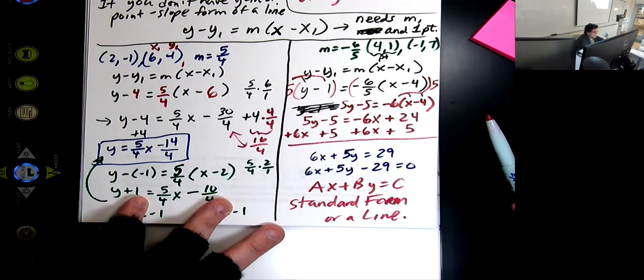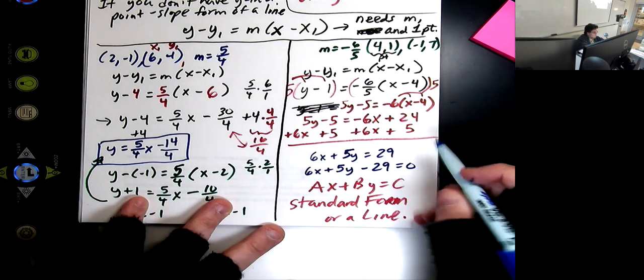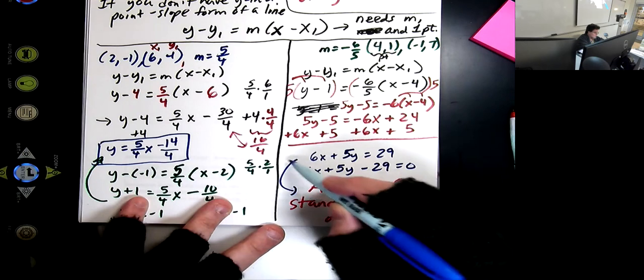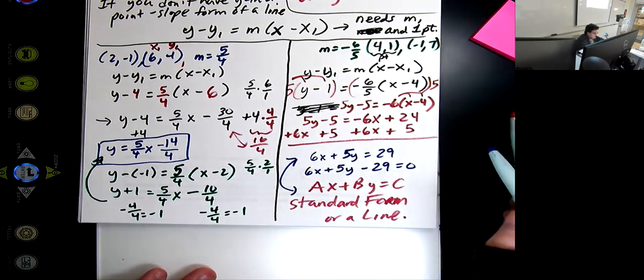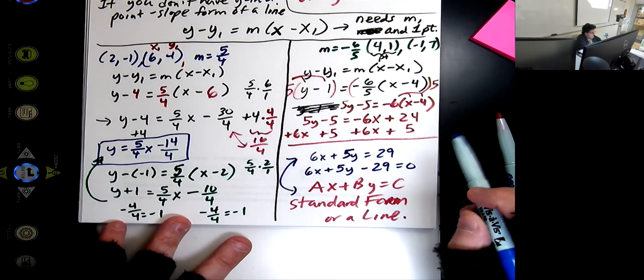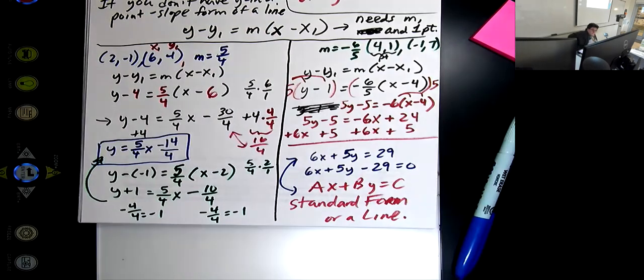But we tend to not do that. We tend to get all the letters on one side and all the actual non-letters on the other. That's the preferred form. This is cleaner to write and give to people than using the slope intercept. It's not as easy to graph with. Although it does set up doing the x and y intercepts pretty easy.